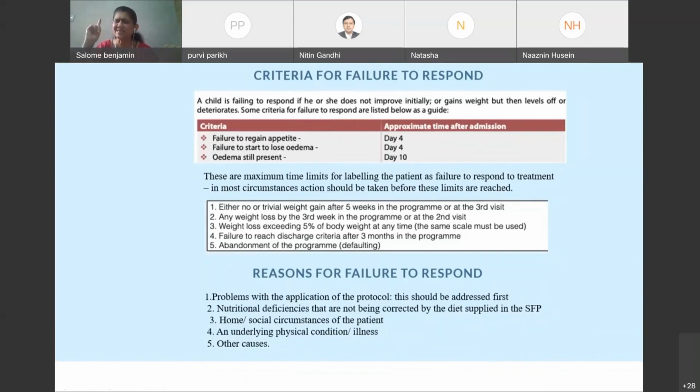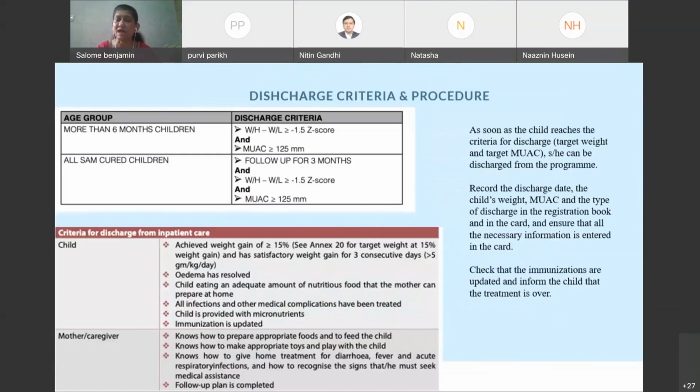If child starts gaining 10 gram weight a day or in 2 days, then you increase your calories, increase your protein, increase your number of feeds, increase your volume. But if child does not start gaining weight, okay, and there is a weight loss, then you go back to what you have started. Okay, so that is very, very important how you do it.